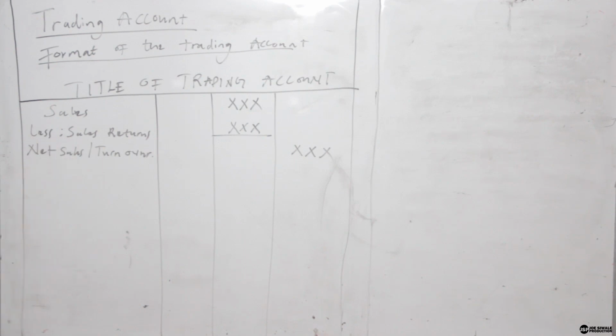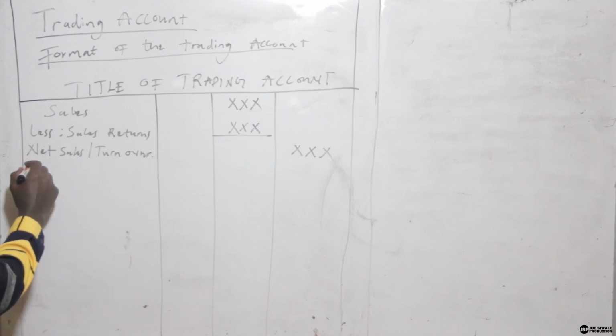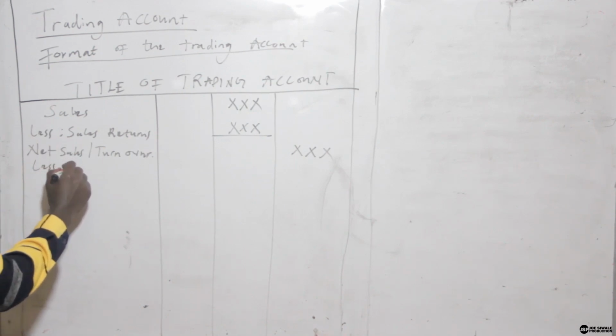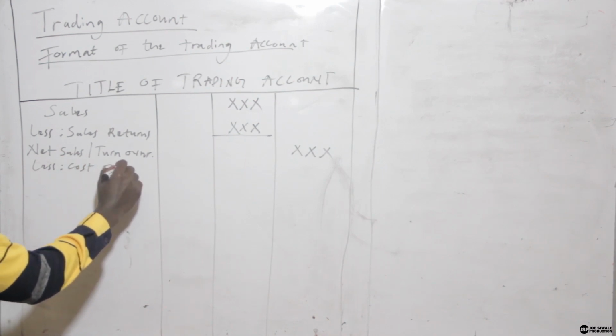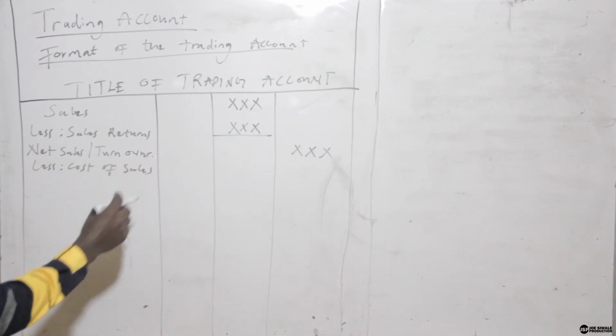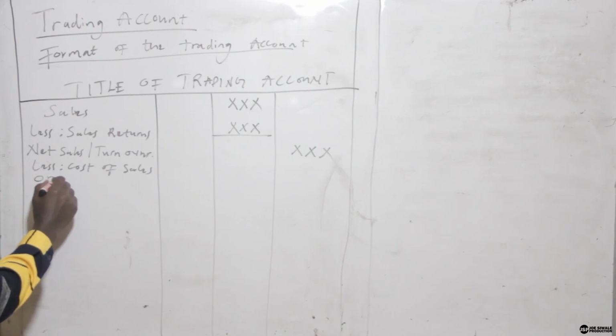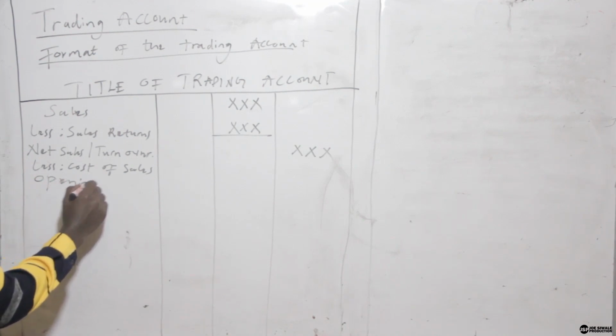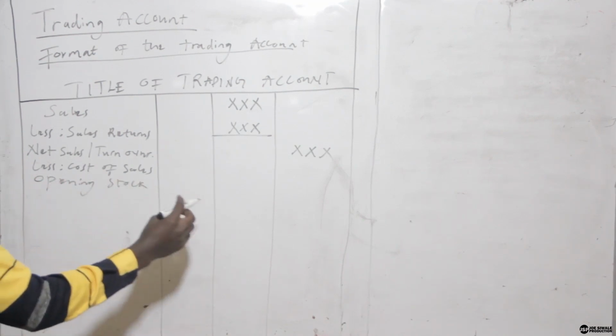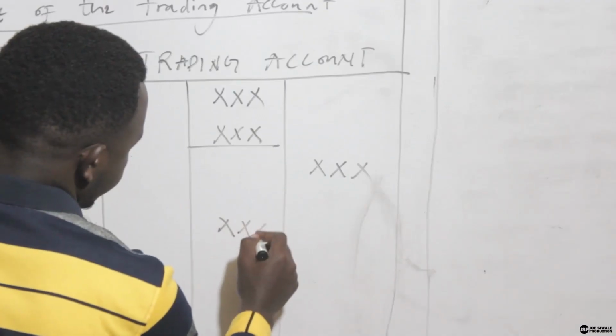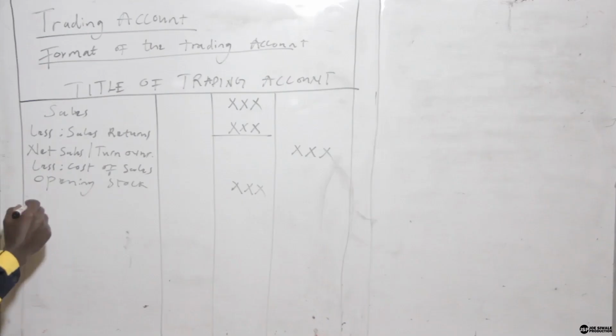Then after you do that, you're going to say less cost of sales. Then you're going to start with your opening stock. So opening stock we're going to put here. Then you're going to say purchases.